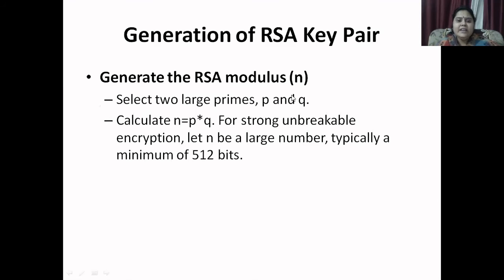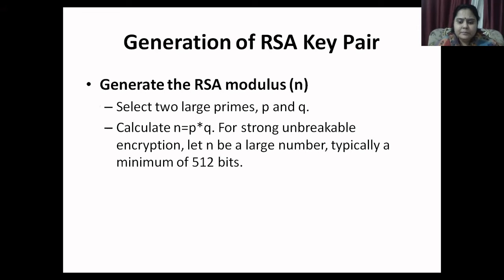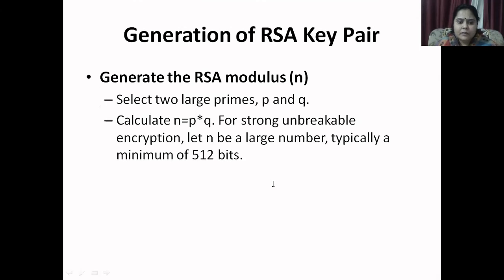Now see the generation of the RSA key pair. Each person or party who desires to participate in communication using encryption needs to generate a pair of keys, namely the public key and the private key.